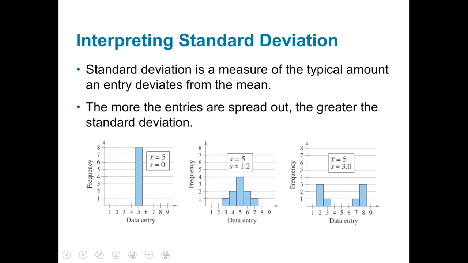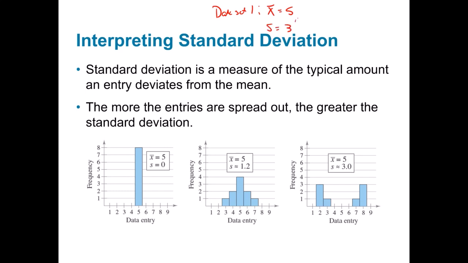Now let me ask you this. If I took two different data sets, found the mean and the standard deviation of both of those data sets, could I then compare those two standard deviations? So for example, let's say data set 1 had a mean of 5 and a standard deviation of 3.